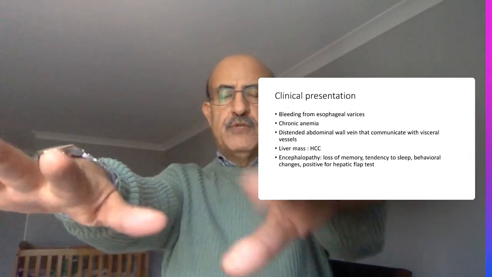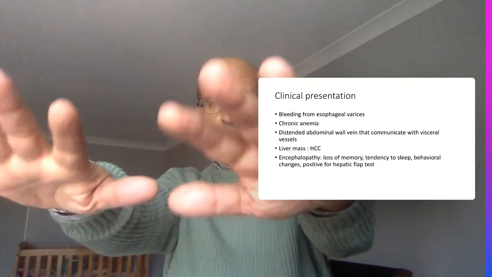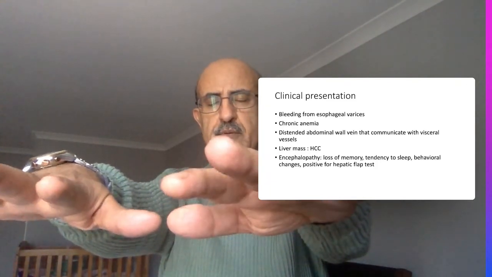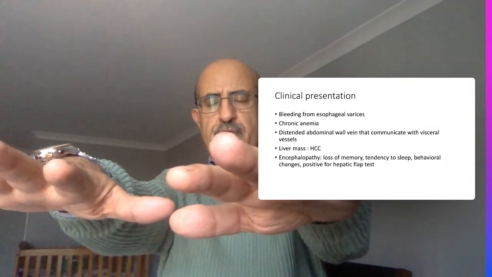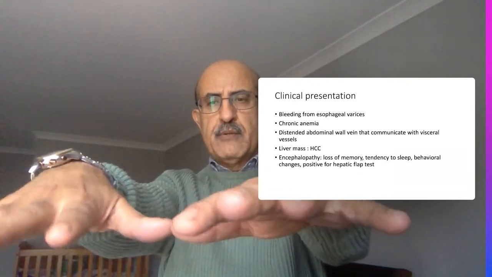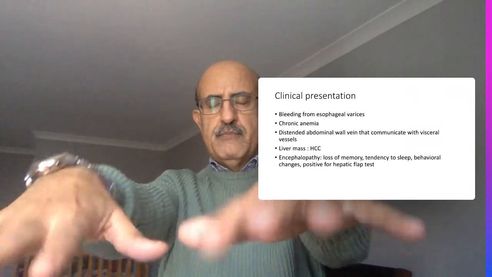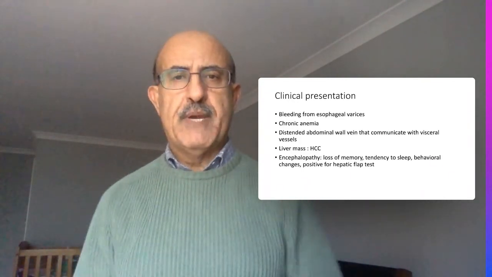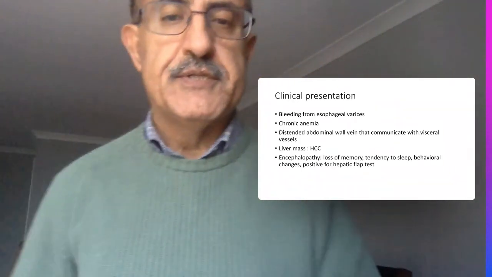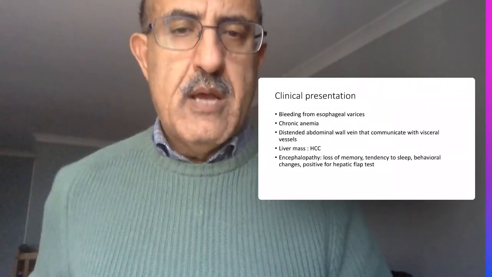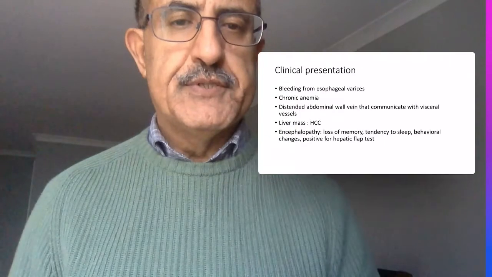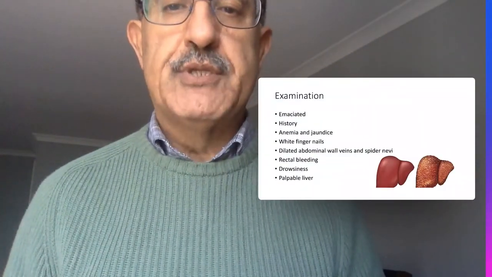And then if there is a positive flap, when they are closing their eyes for a few minutes, they start to make this movement. And that's the hepatic flap. And this is a sinister sign because it means that they have got decompensated liver disease and they have got established liver failure.